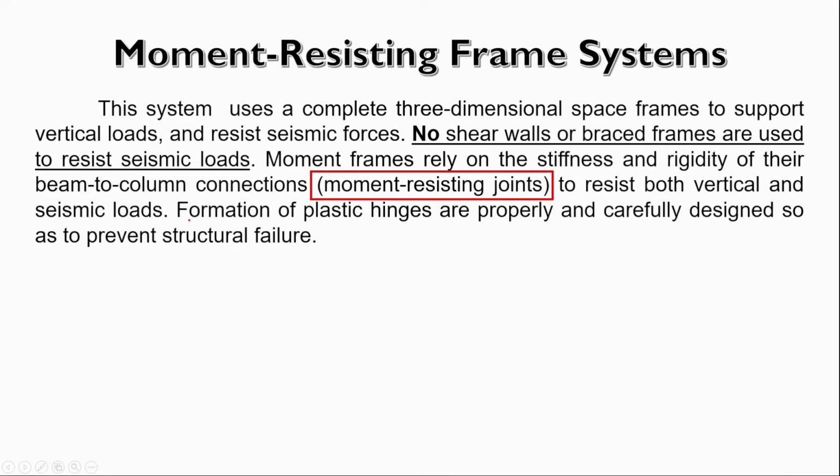As you can remember in our discussion about plastic moments in steel, there will be a formation of plastic hinges since it is moment resisting. If the structure is resisting moments or bending moments or flexure, there is a time that plastic hinges form.